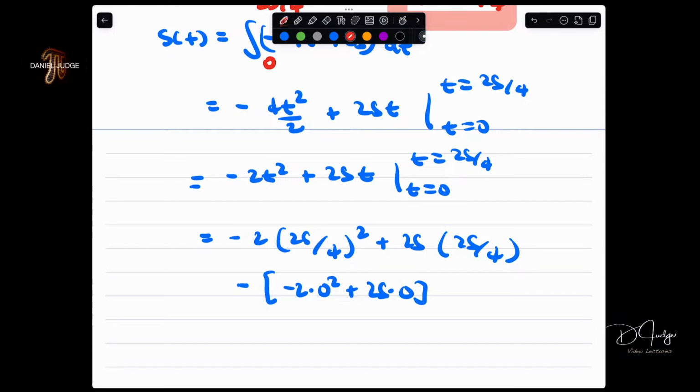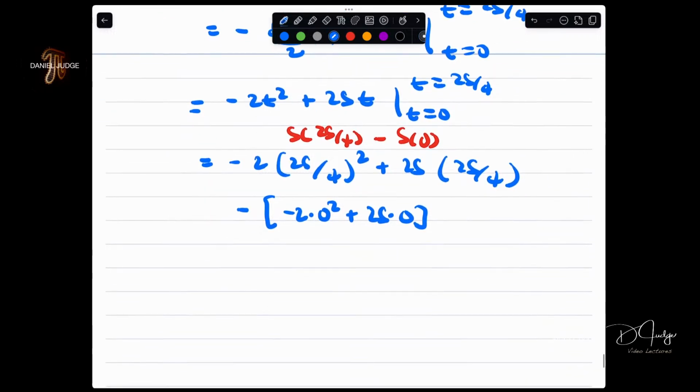You're looking at s of 25 fourths minus s of 0. So, ladies and gentlemen, that's negative 2 times, yeah, we'll do it this way. Negative 2 times 25 squared over 4 squared plus 25 squared over 4. Now, doing some arithmetic.